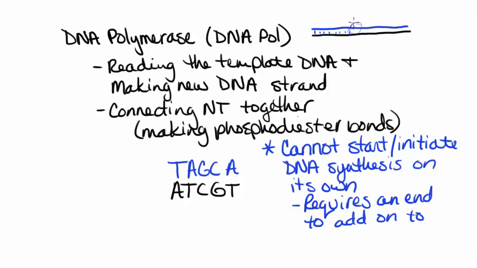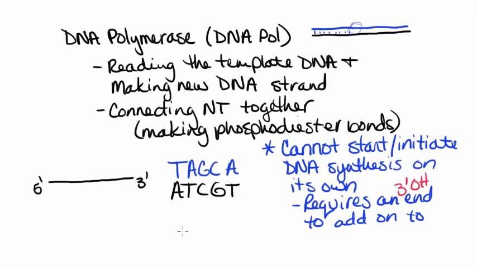So it does have to have an end, and even more specifically, it requires a 3' end. So recall that the 3' end has a hydroxyl group on it. We had two unique ends to our DNA molecule, and so if I just draw it again down here, we have a 5' end and we have a 3' end, and DNA polymerase needs to be able to see a 3' end that it can add onto.